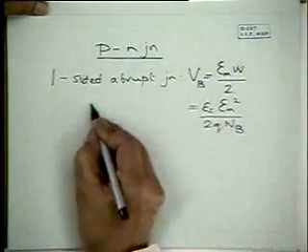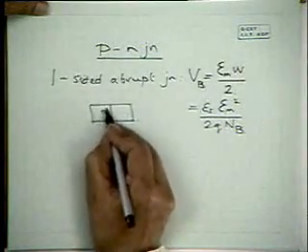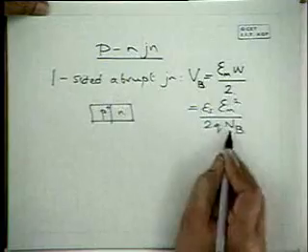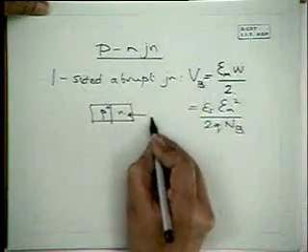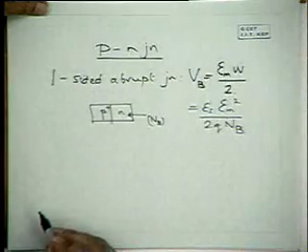Suppose it's a P plus N junction, then NB is the carrier concentration in the lightly doped region.